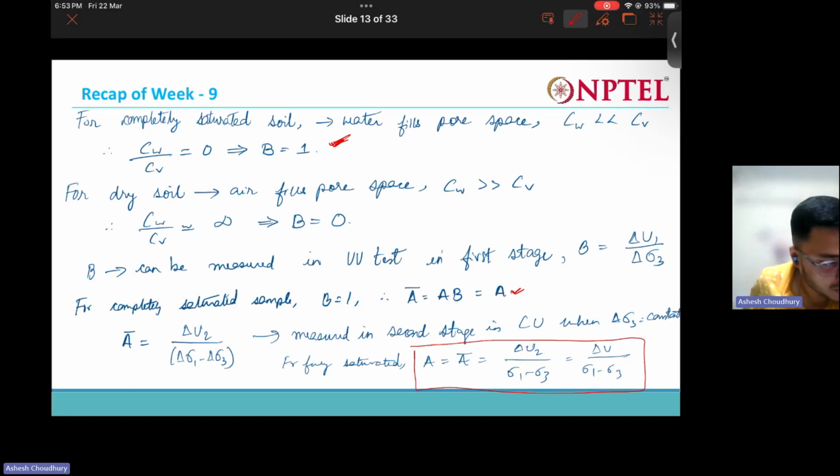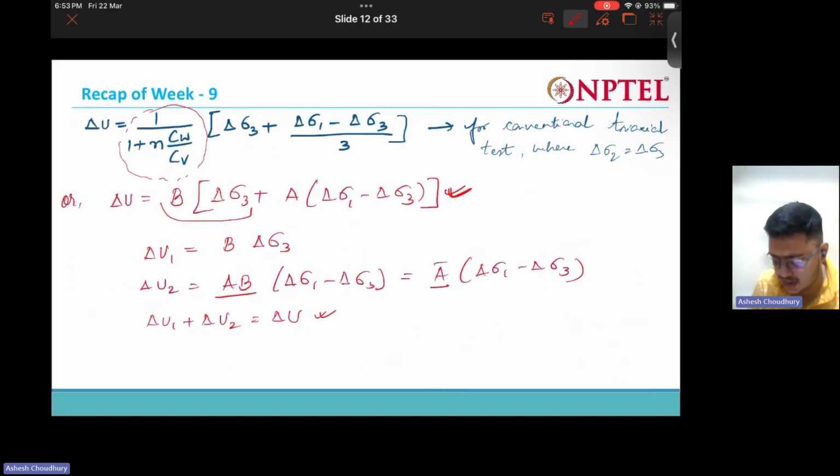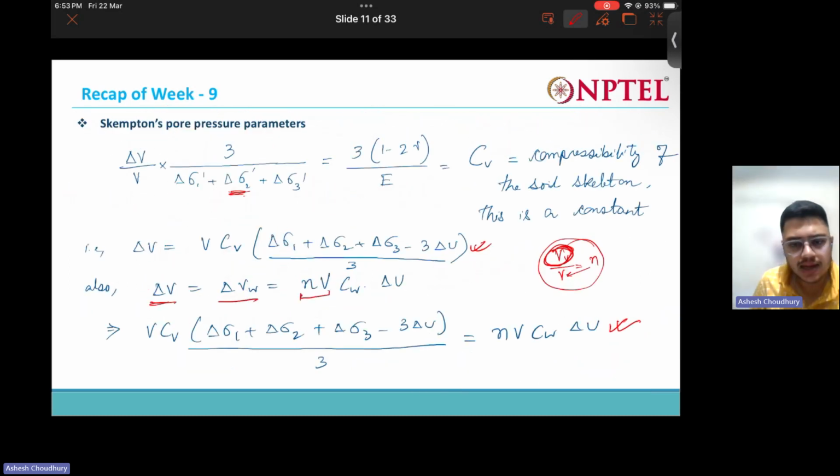So this was all about pore pressure parameters and this derivation, and you can see it in detail in the theory classes. I remember that this has been taught very clearly and in detail, so I request you to go through that once, all right?